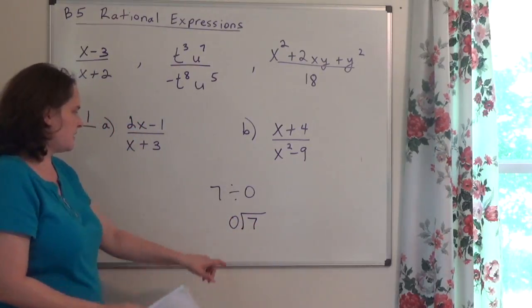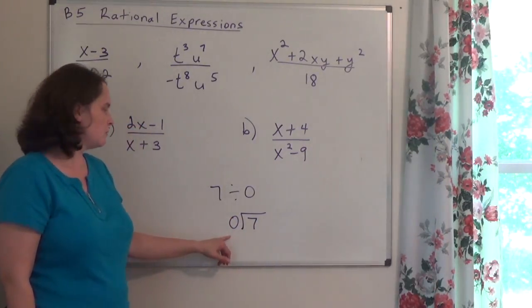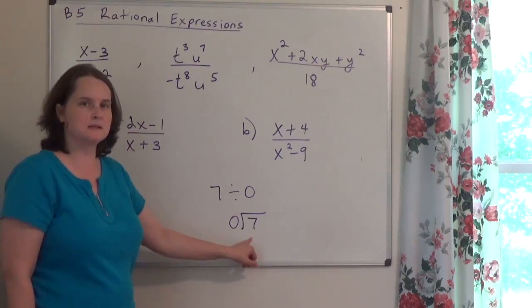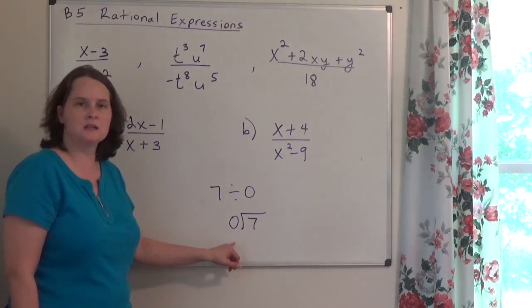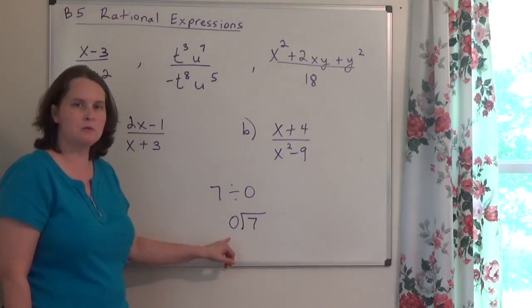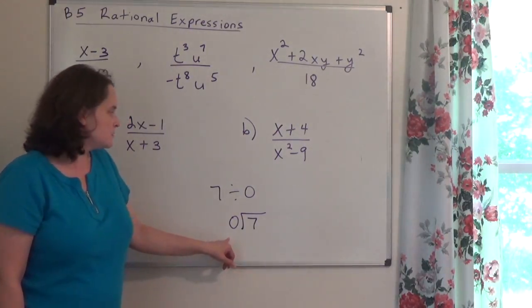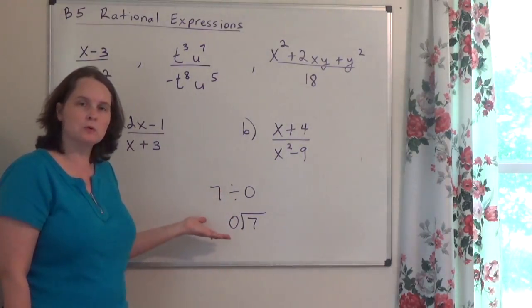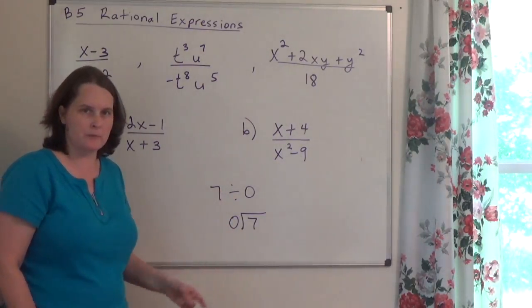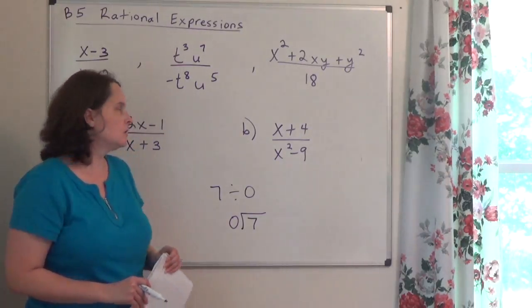This is asking us to find a number that we can multiply by 0 that would give us this number on the inside. Hopefully you see that that is a problem. If you try to multiply any number by 0, it will always equal 0. So that's why we have this rule that we can never divide by 0. That's a very important rule to remember.